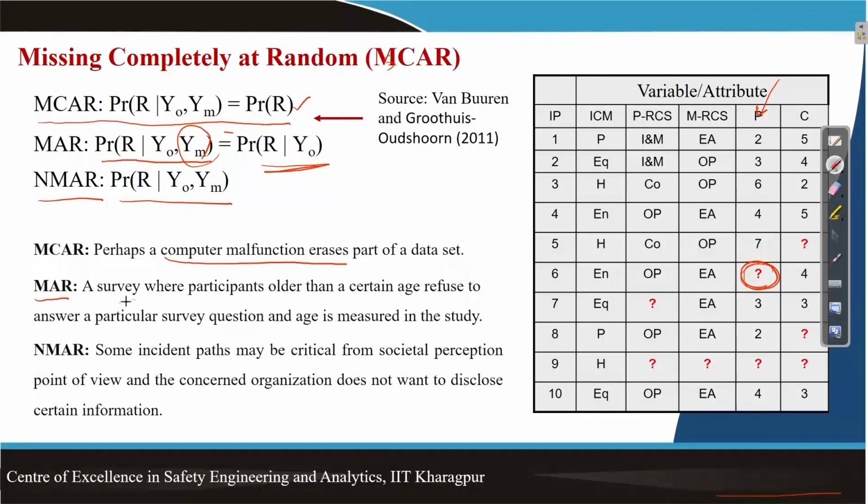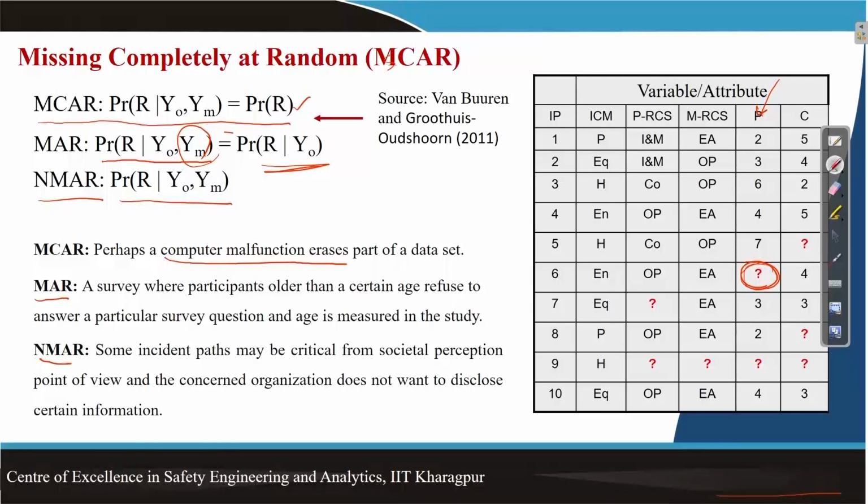Here one example is a survey where participants older than a certain age refuse to answer a particular survey question, and age is measured in the study. That means one of the attributes is age, and second maybe we are asking, what is your safety performance? But a certain age group says no, we don't want to participate. So because of a certain age group's refusal, the missing data has happened.